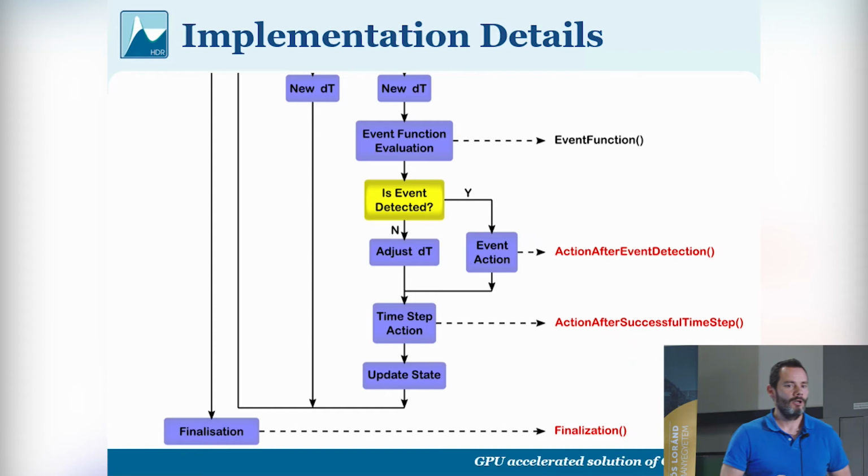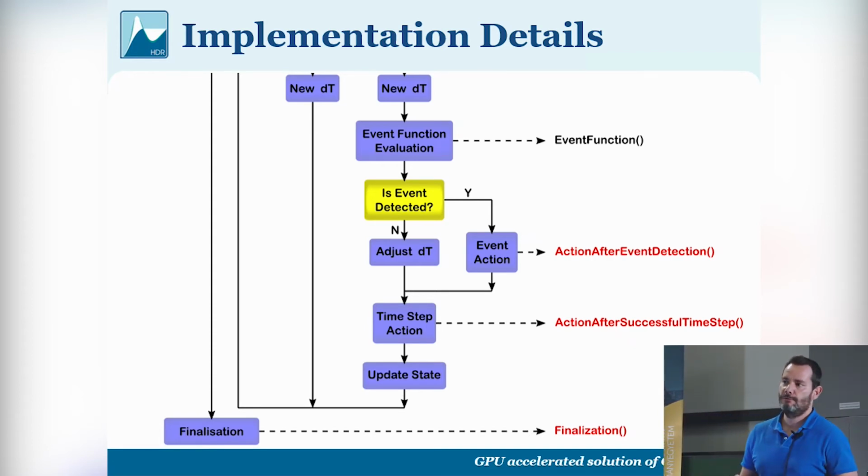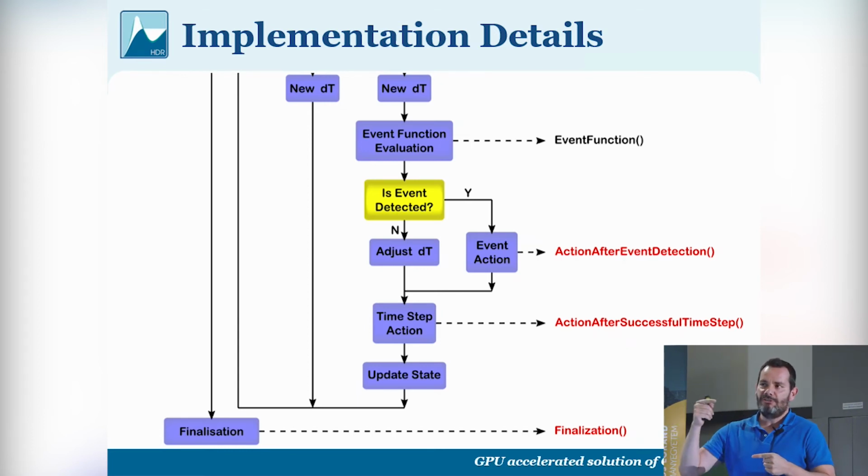automatically. Another important thing, imagine that we have a non-smooth dynamical system, for instance, which can exhibit impact dynamics. What we have to do is to detect the impact precisely with an event handling.